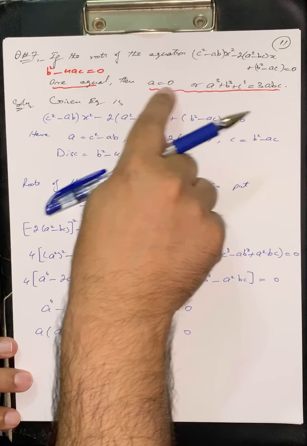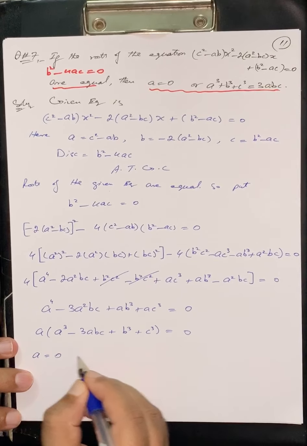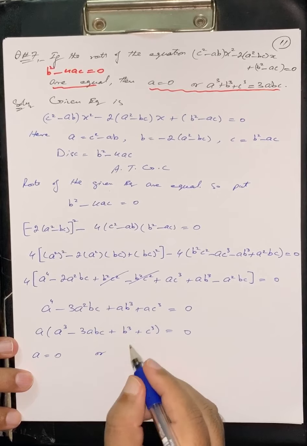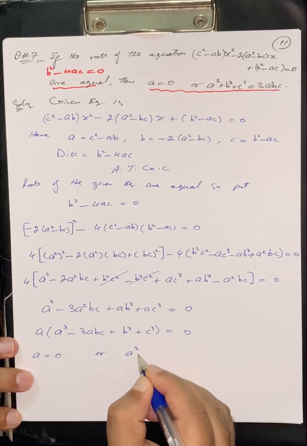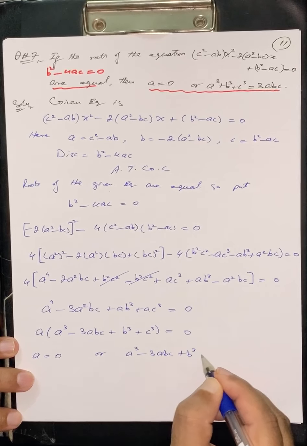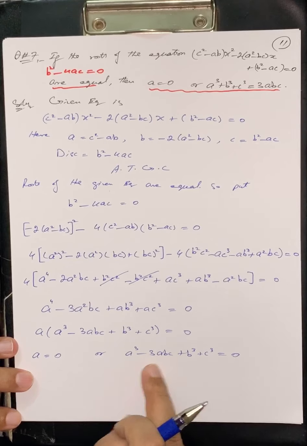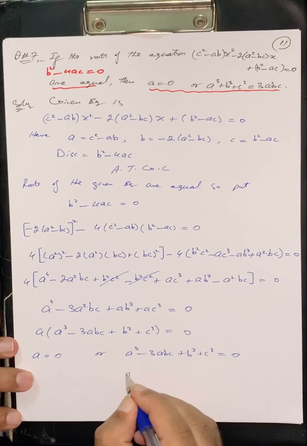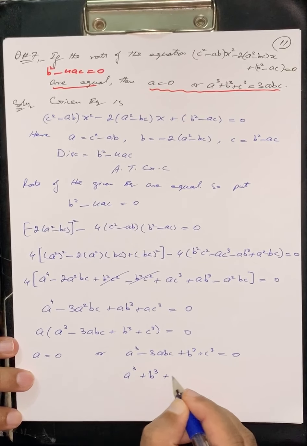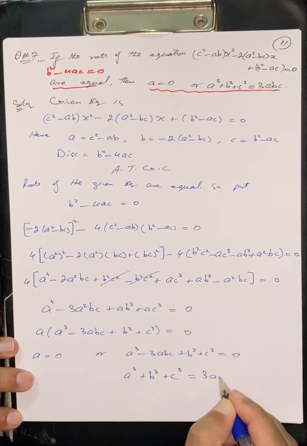So, as given, a is equal to 0, so I put a equals to 0, or the remaining value equals to 0: a cube minus 3abc plus b cube plus c cube equals to 0. Bring this negative value to the right hand side: a cube plus b cube plus c cube equals positive 3abc.